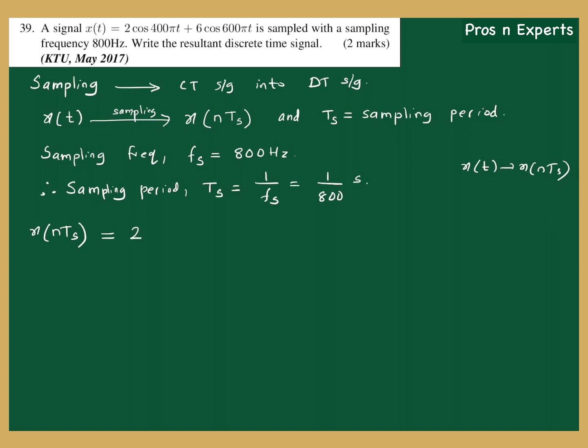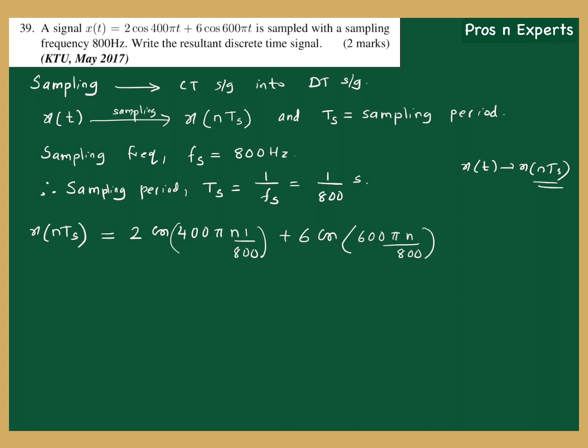So 2 into cos 400 pi into t should be changed into nts. So n into 1 by 800, this is in the argument of cos, plus 6 cos into 600 pi into, again there is a t, you have to change into nts, which is 1 by 800.